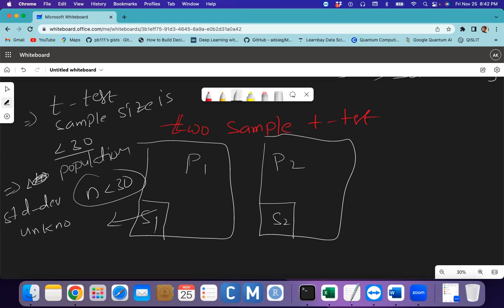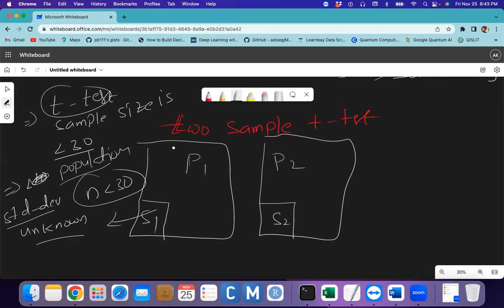These are the two things we need to remember. When we are applying the t-test, it may be a one sample t-test, two sample t-test, paired sample t-test, or a Mann-Whitney test, or Welch t-test, or else the Wilcoxon signed rank test. Whatever the t-test, the sample size could be less than 30, and moreover the population standard deviation is unknown.